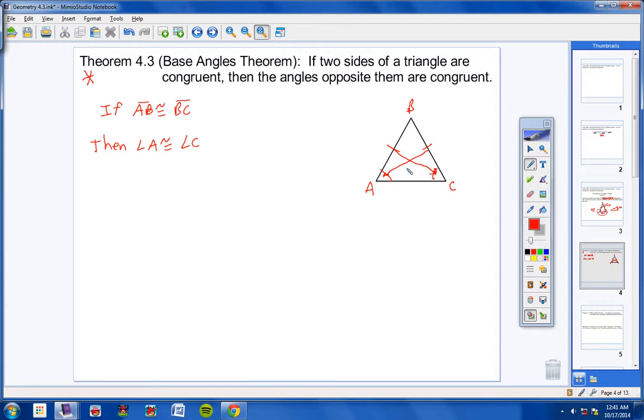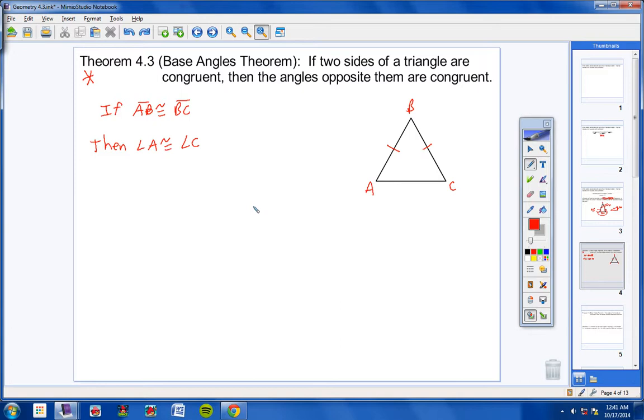And how do I know they're congruent? Because this side here is congruent to this side over here. What this theorem states is this: if two sides of a triangle are congruent, then the angles opposite them are also congruent. So if I have two congruent sides in a triangle, then the angles across from those two congruent sides will also be congruent. I hope that makes sense.